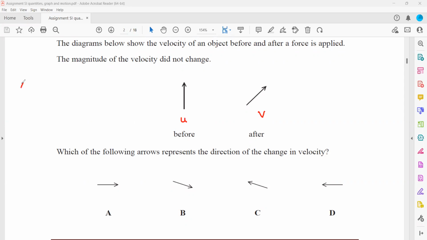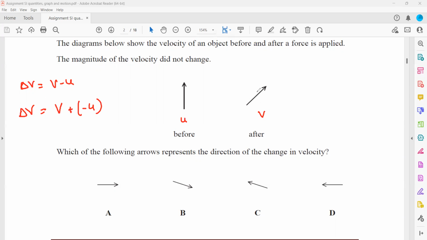If we want to calculate the change in the velocity, that is final minus initial. So in vector addition, actually, it's always addition. Even if you're taking a difference, final minus initial, it means the final vector plus the negative of the initial vector in vector addition.